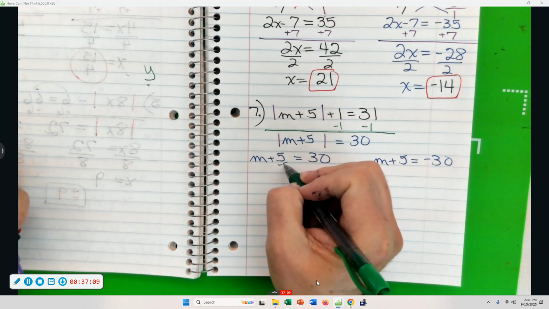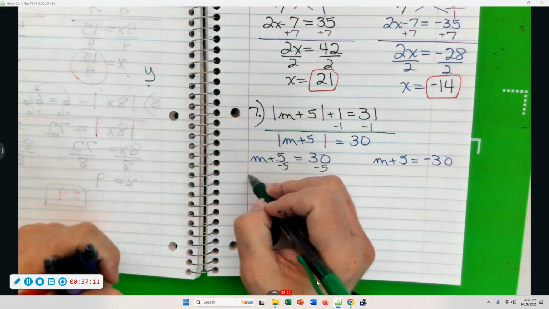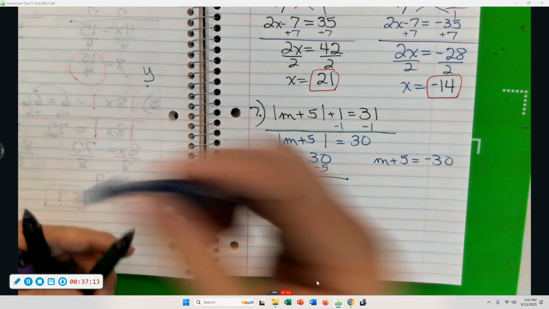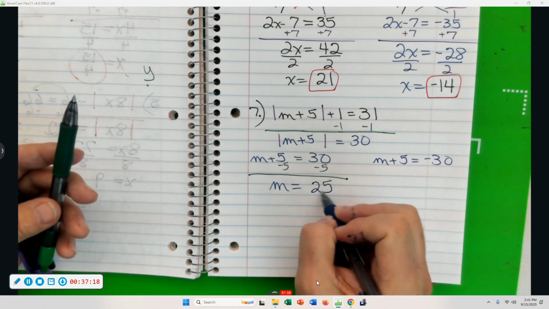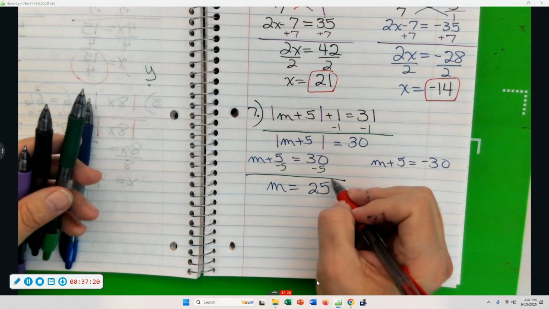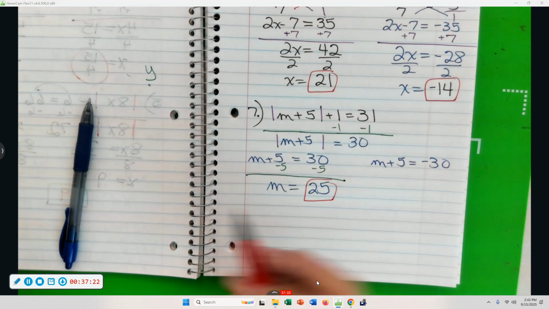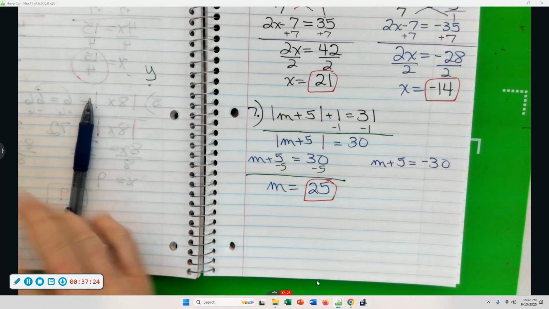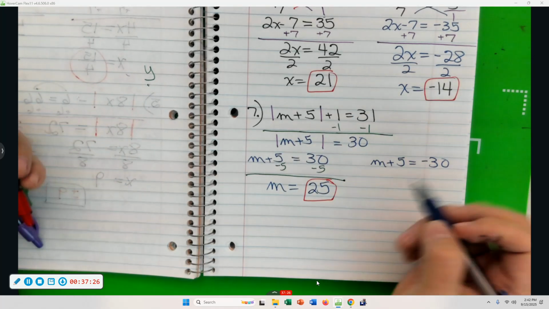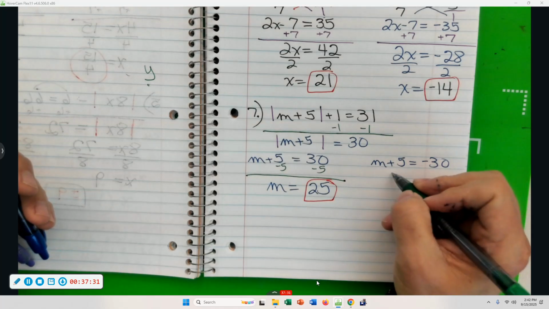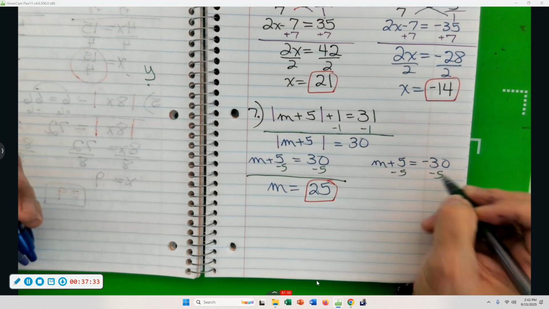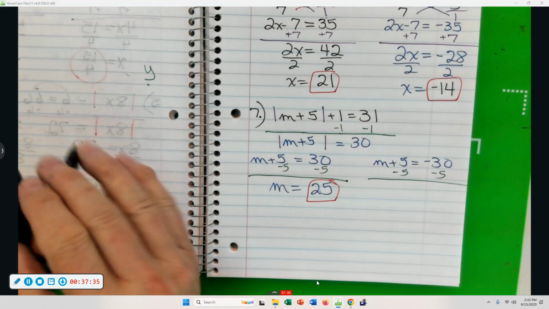So we're minusing the 5 to give us m equals 25. Good. And here, negative 5 on the other side, and then positive 25.